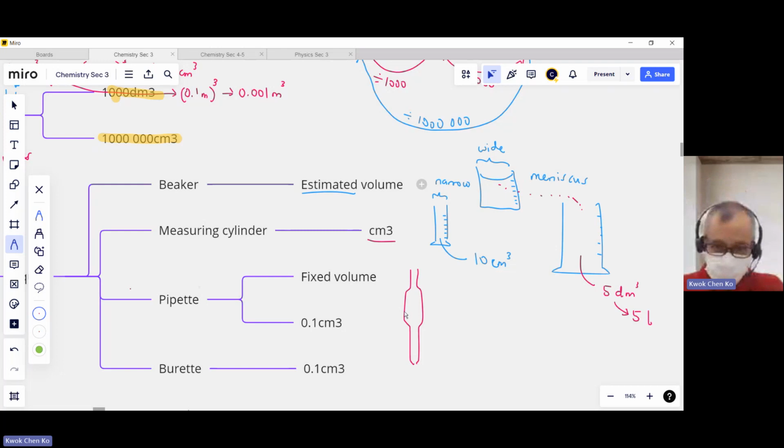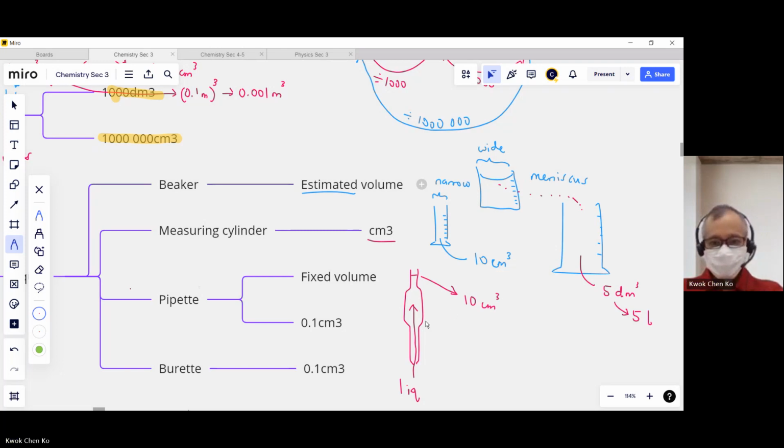For your syllabus, a pipette has a line down here. So if you suck your liquid upwards, and the meniscus reaches this line, you would have pipetted, let's say, 10 cm cube.